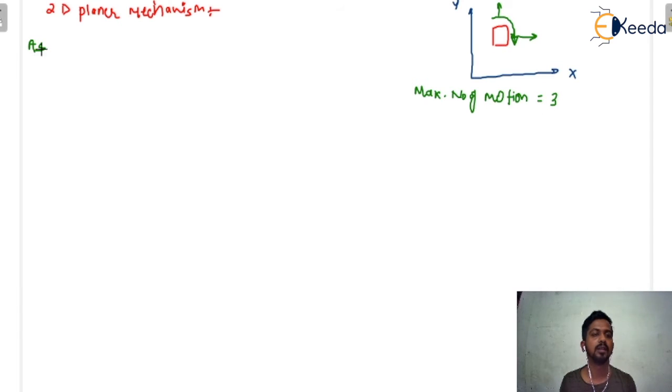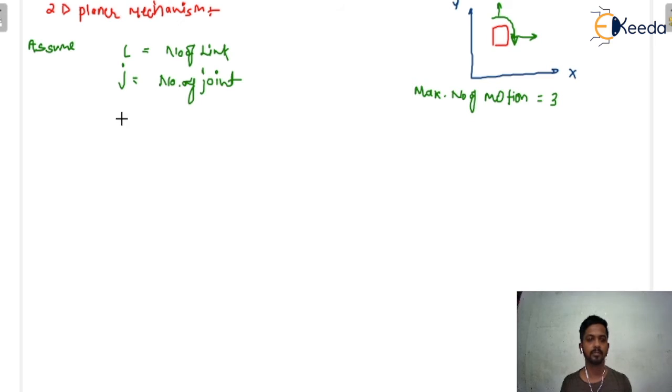So I'm going to assume that L, capital L, or you can denote it small l, is the number of links, and the second is j. Small j is the number of binary joints. We can denote it by number of joints, but number of joints means the number of binary joints. If there is a ternary joint or a quaternary joint, you must convert it into binary joints.